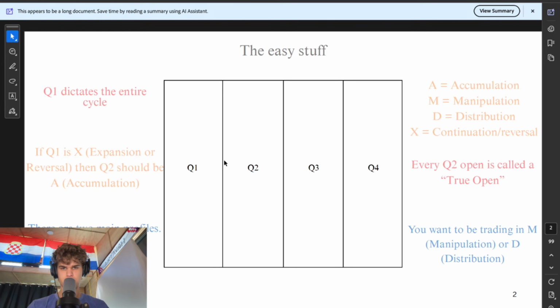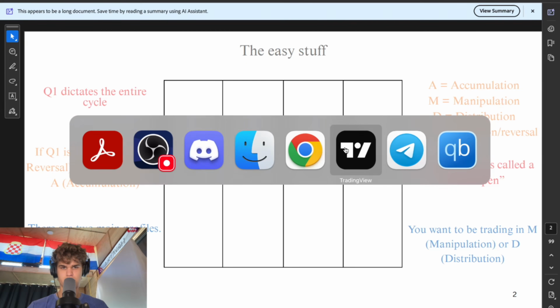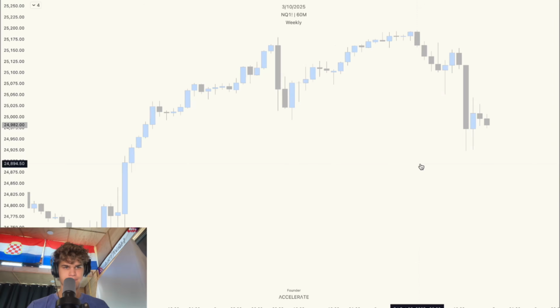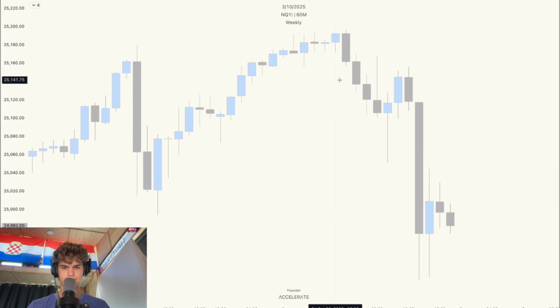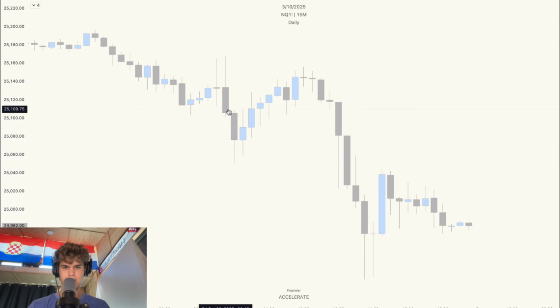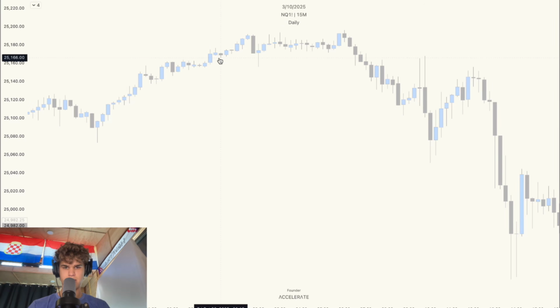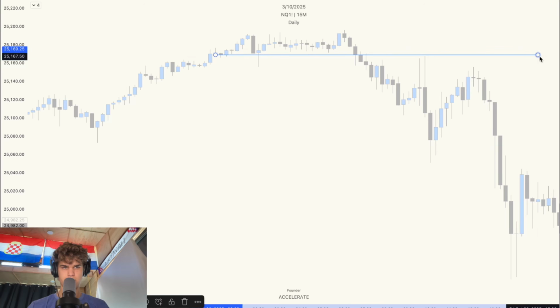Quarter two, once this opens here, I'll show you my chart in a second. We'll go to a 15-minute chart here. And on the 15-minute, the midnight candle is the true day open. So right here would be our true day open.